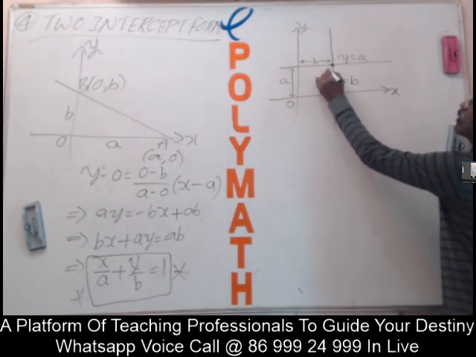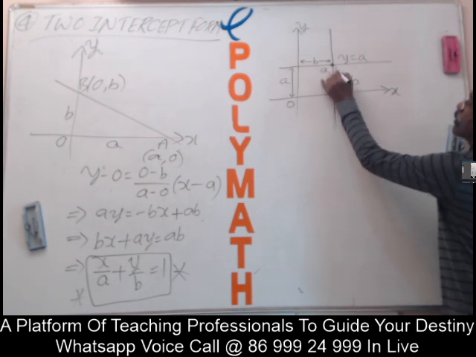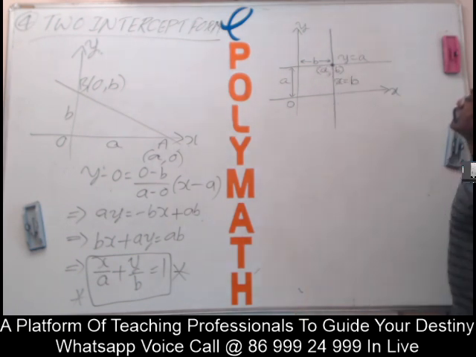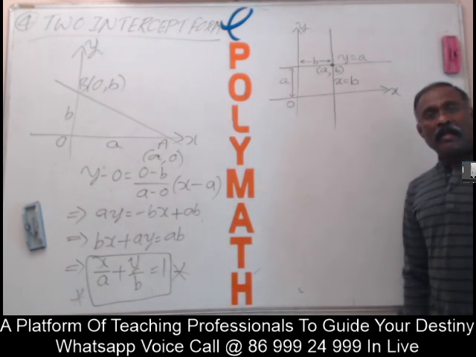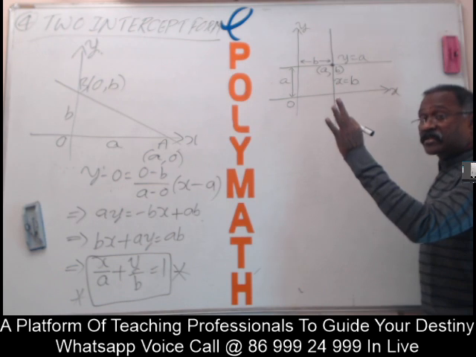Now, what is this point here then? Can you imagine what is this point here? A comma B. What is its point of intersection? A comma B. So, what is the conclusion here?